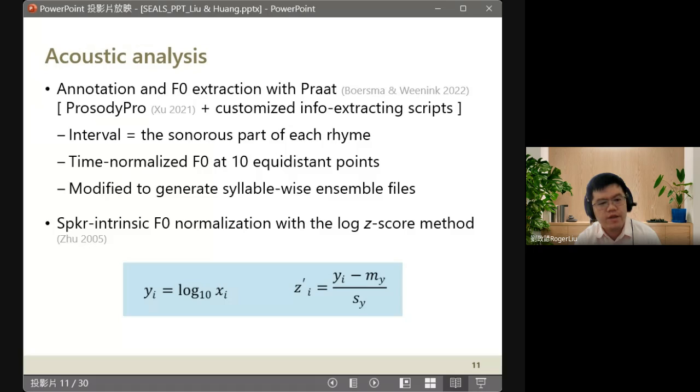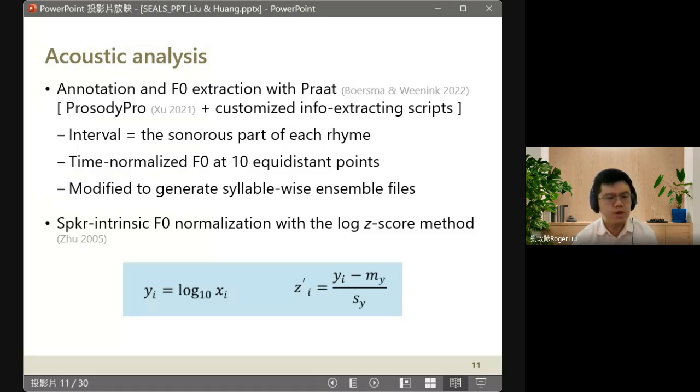The interval of F0 extraction more or less corresponds to the sonorous part of each rhyme. We extract time-normalized F0 at 10 equidistant points, and we modify the ProsodyPro script a little bit so as to generate syllable-wise ensemble files.